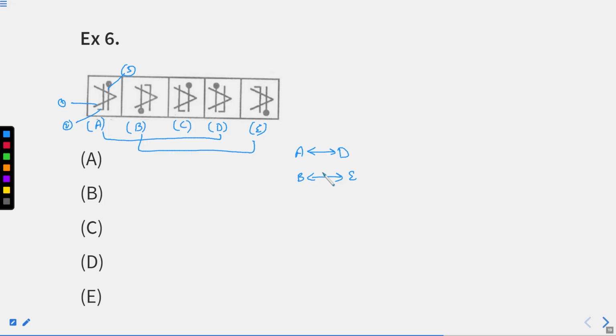Okay, so C is left out here, not interchanging its position with any one of them. You can see here the L and the pin is changing their position with pin and L, right? Similarly with B and E. But what about C? C is not changing its position with any one of them. So hence we can count it as the odd one out as well, right? Let's say C is the odd one out, right?